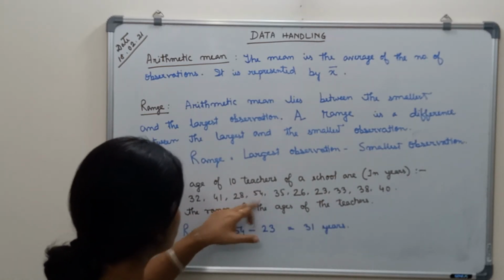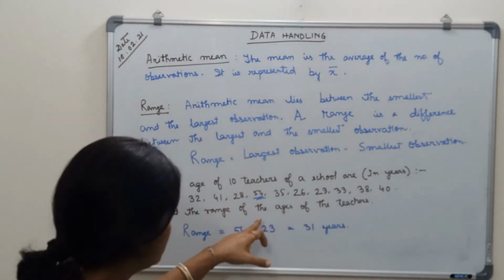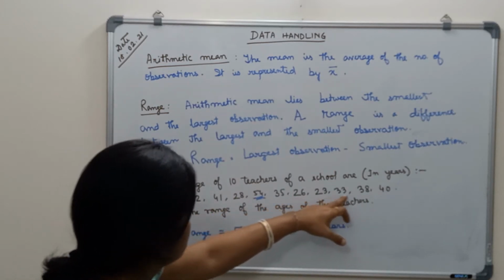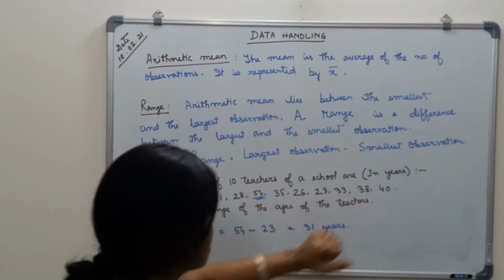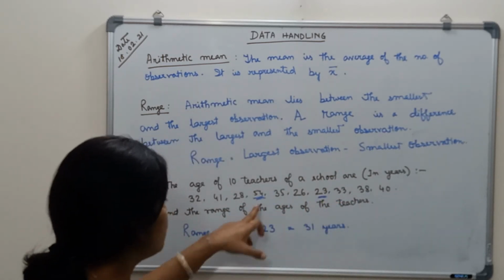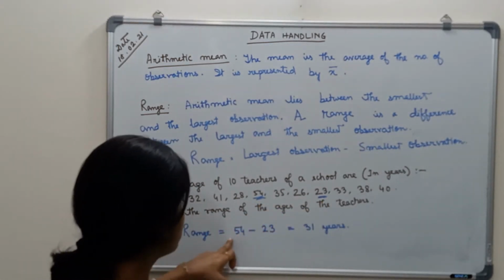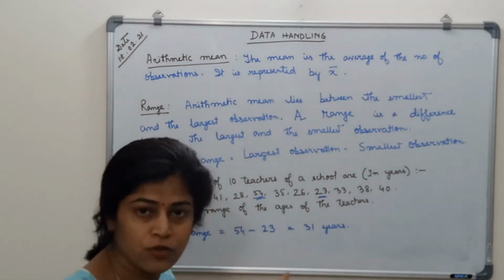No. So 54 is the highest. And which one is the smallest age? Here 23. Less than 23, are there any observations? No. So 23 is the smallest one. So range will be 54 minus 23, that is 31 years. So this is about range.